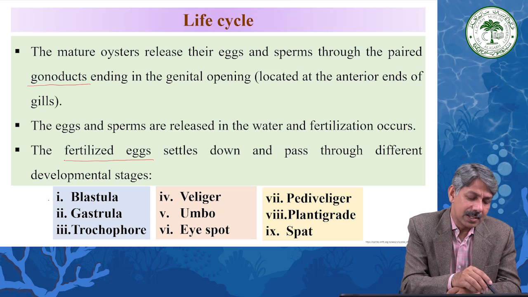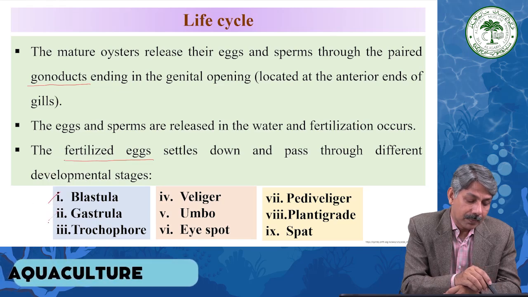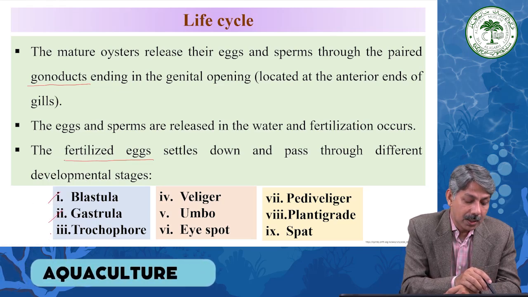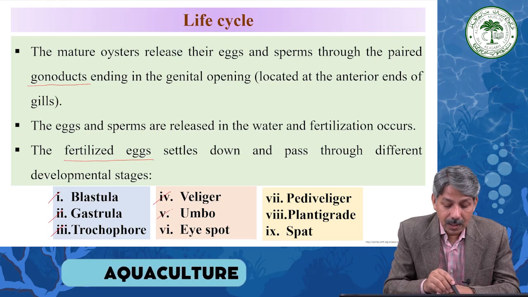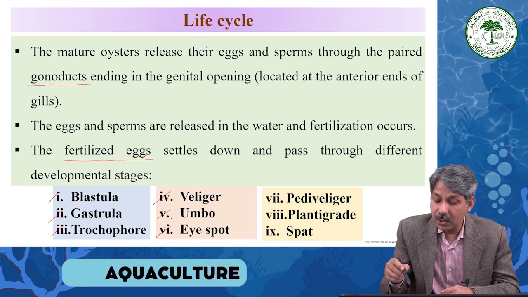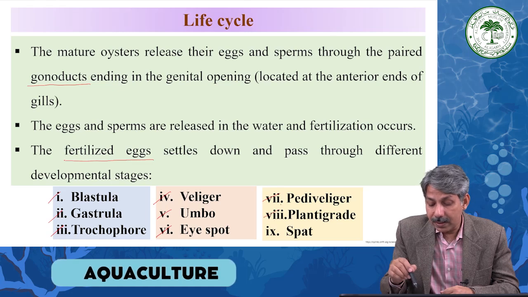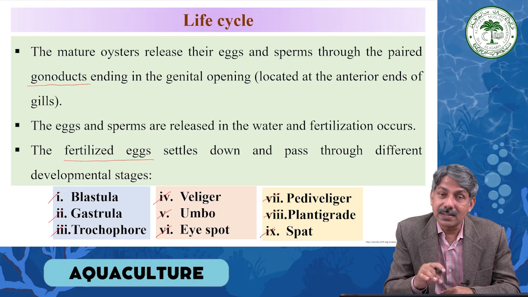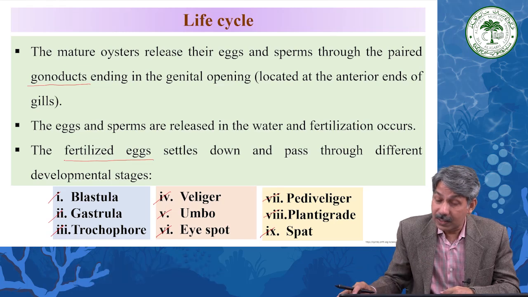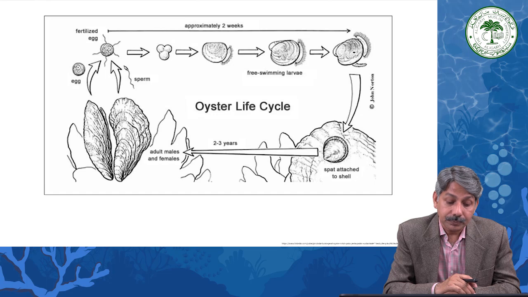Some of the very common stages that you must be knowing: blastula stage, followed by gastrula, then trochophore, then veliger, umbo, eye spot, pediveliger, plantigrade, and spat. So these are the developmental stages that are described for Pinctada fucata life cycle.